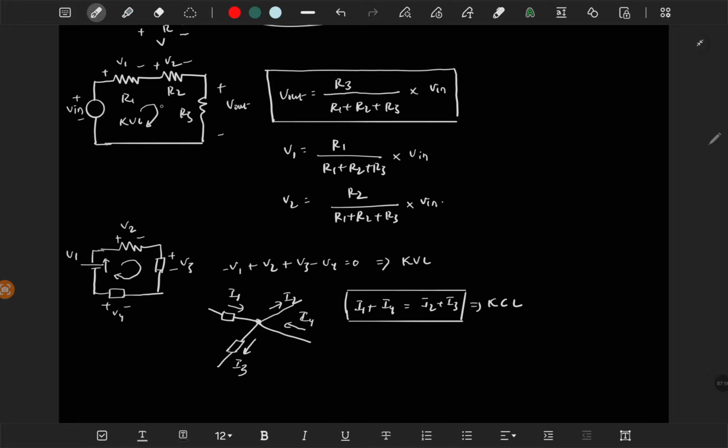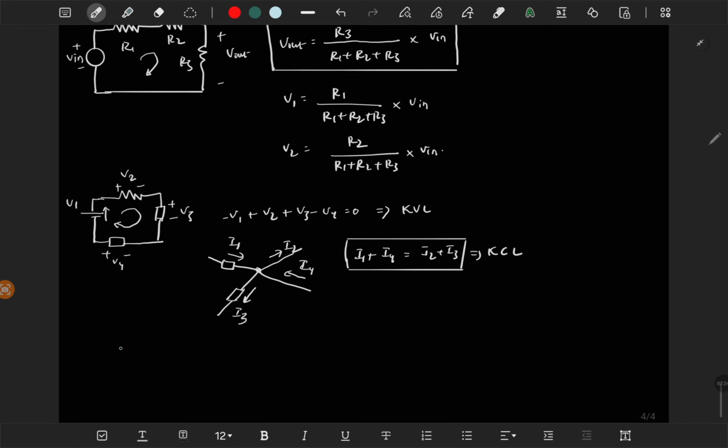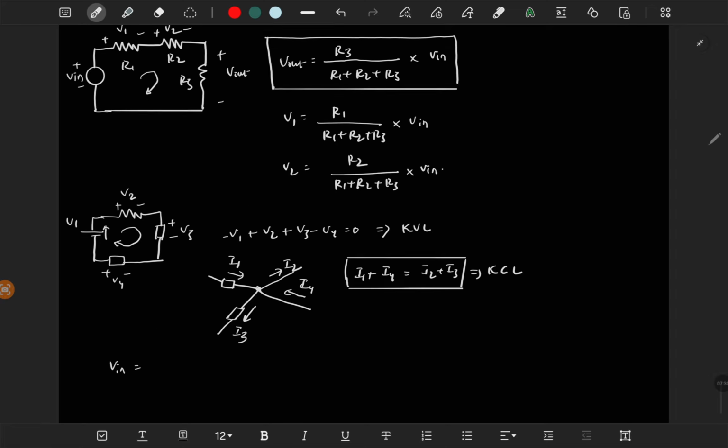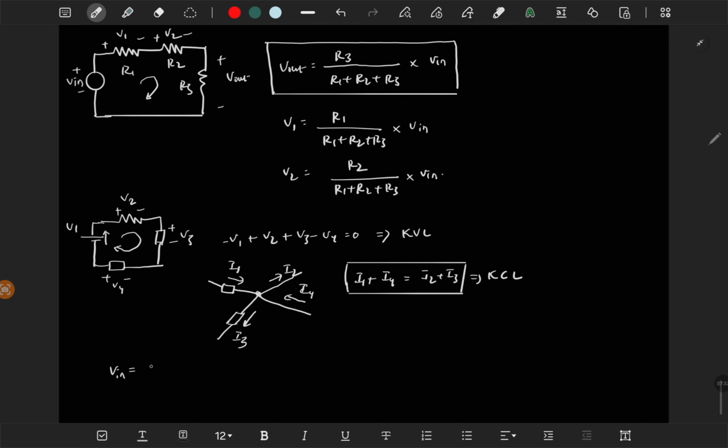Similarly, if you apply KVL here, then you will get Vin equal to V1 plus V2 plus V3. I'm saying V3 is Vout, and we know that there are 3 resistors, right?